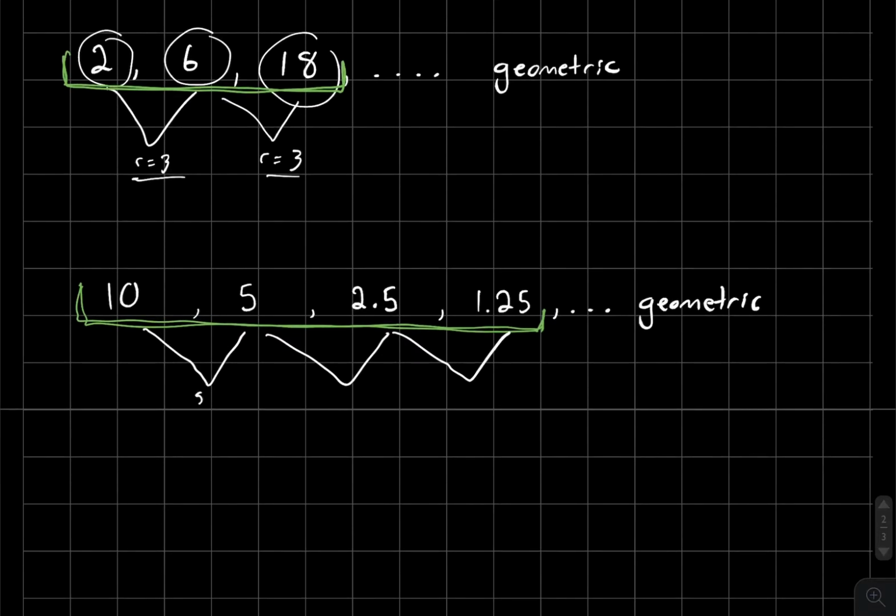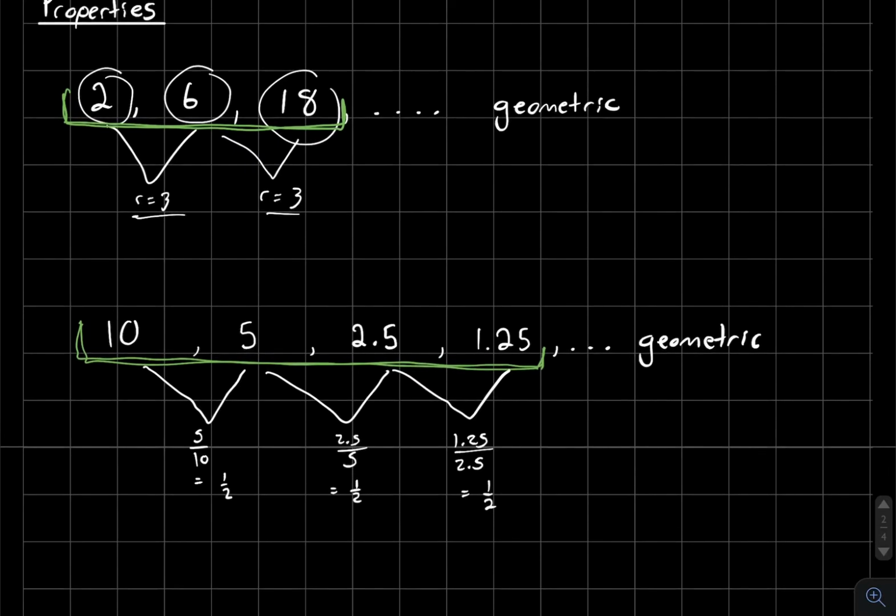So here we get the common ratio to be 5/10, 2.5 over 5, 1.25 over 2.5, and so on. This gives us 1/2, 1/2, 1/2. So we see that these common ratios are quite different and they result in very different sequences.